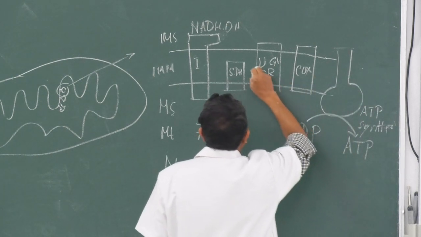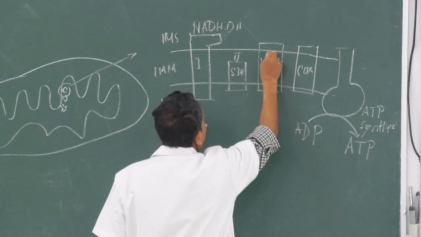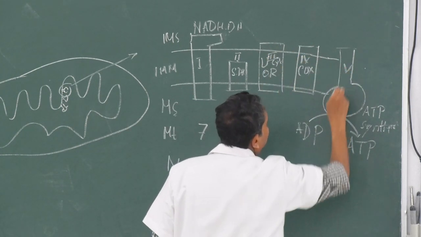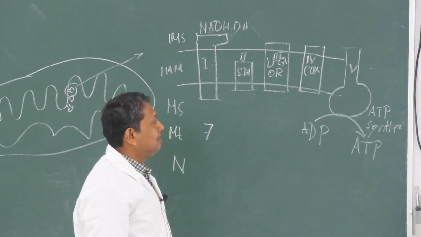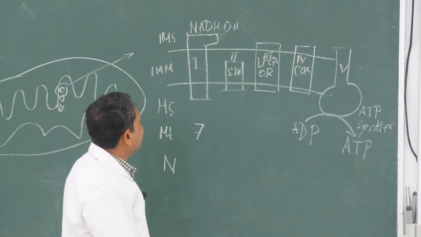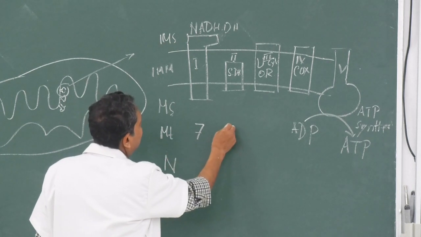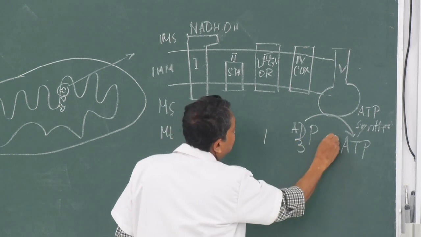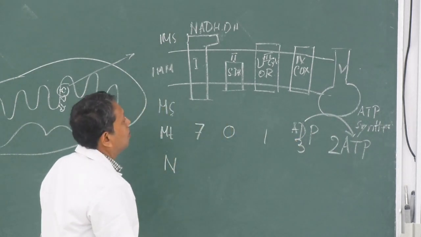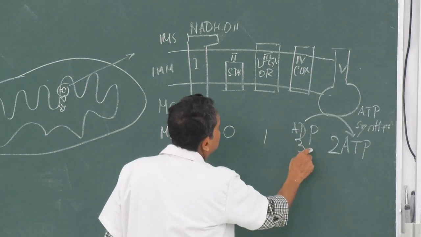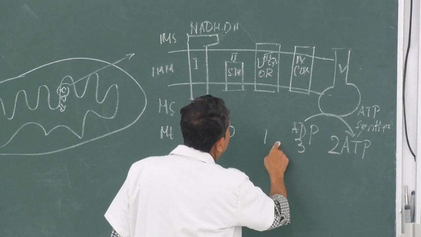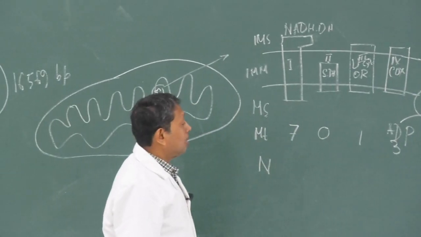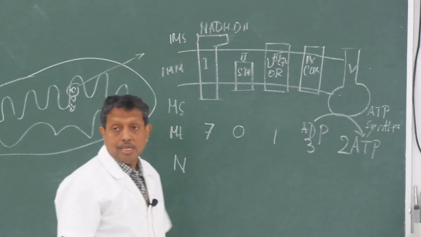It is complex 5. It is 1, 2, 3, 4, and 5. Suppose in this case, the mitochondrial contribution is 0 for complex 2, and 1, 3, 2 and so on, so these are the contributions of mitochondrial-derived proteins, total 13.